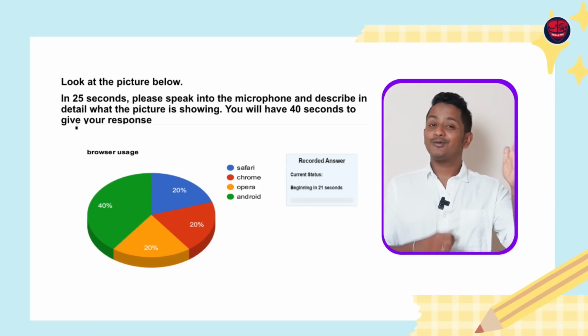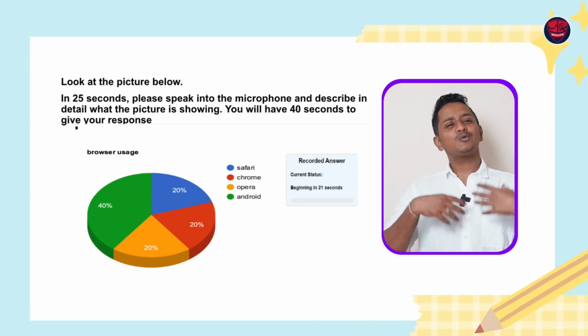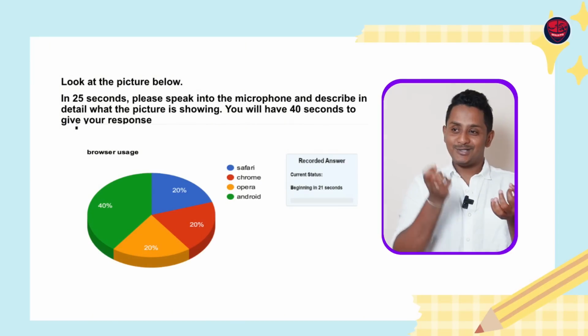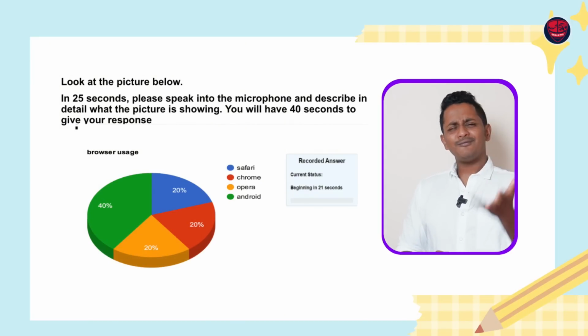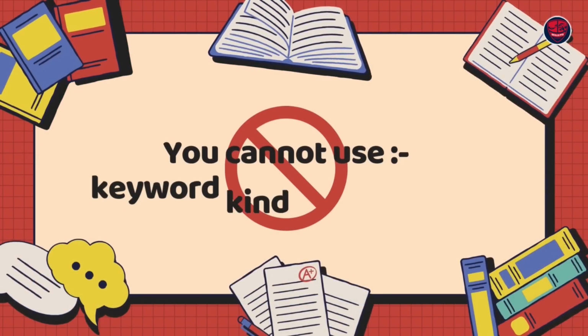Until 2024, any kind of templates were allowed. So people used to go with a particular kind of template which did not have any content from the image, or very little content, like 2 keywords, 1 keyword, and still you ended up getting 90 out of 90. However, the recent update in November 2024 ensures that you cannot use those kinds of templates.